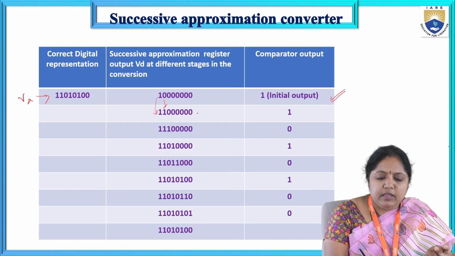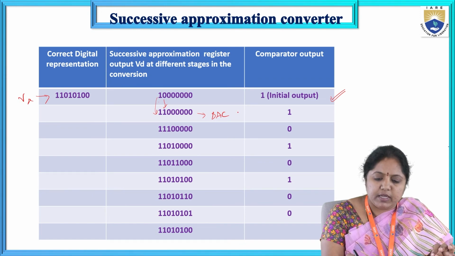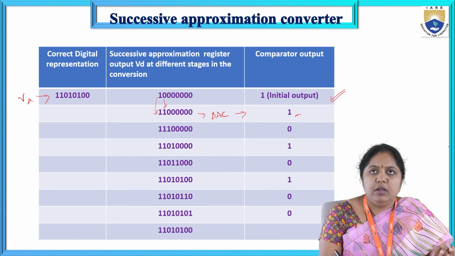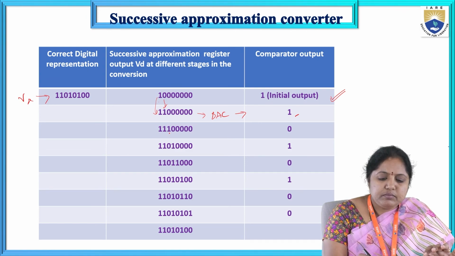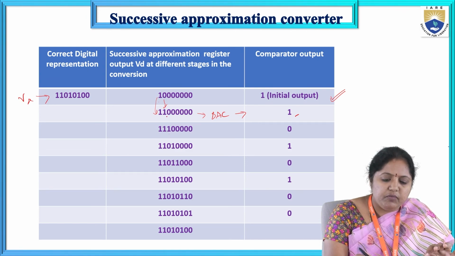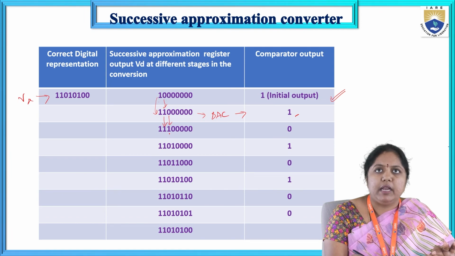Again, this one I am giving as an input for the DAC. I got the output of the comparator as 1. When the output of the comparator is 1, your successive approximation register will keep the MSB as is, and the next bit value is changed from 0 to 1 like this.